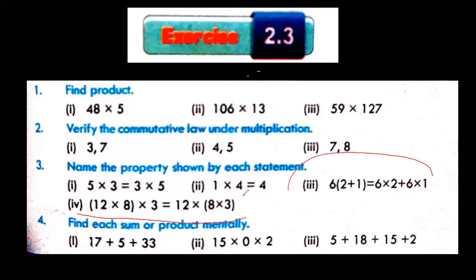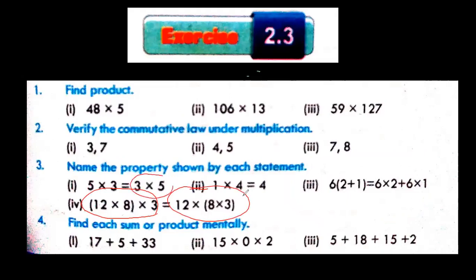This we will do after this fourth part. 12 8. Sir, multiplication. Yes, multiplication. But how many numbers are there in this? Sir, on both sides. Yes, each side. Sir, in each side I think there are 4. Here, how many are there? Commutative property of multiplication. Yes, sir.